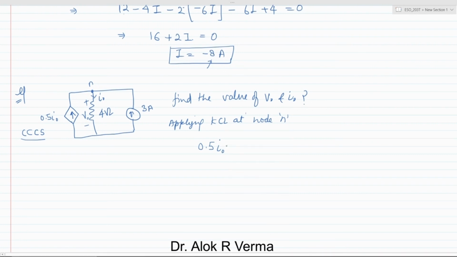Then the current leaving is minus I0. Then again current entering is 3 ampere, and the total sum should be 0.